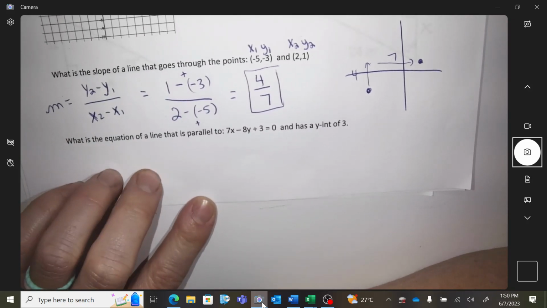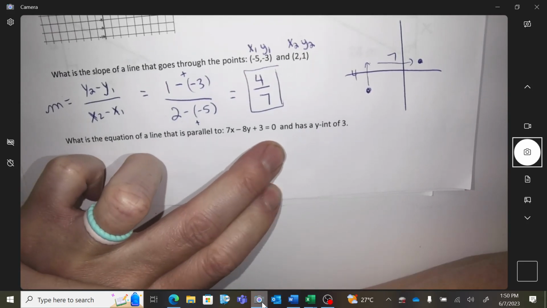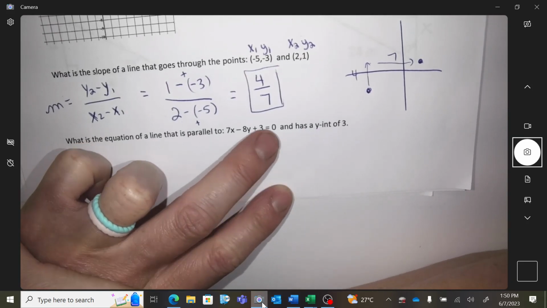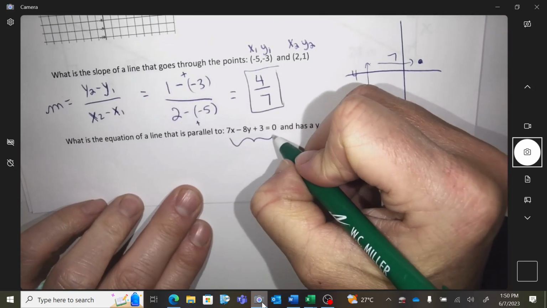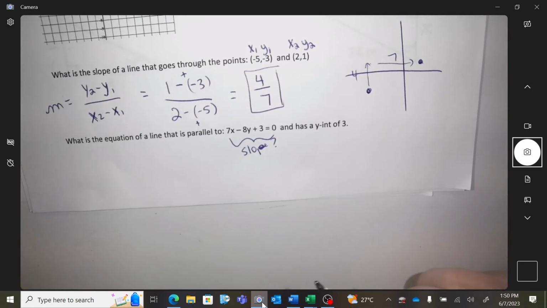What is the equation of a line that is parallel to this one and has a y-intercept of 3? Okay, so here's what we're going to do. We're going to figure out the slope of this line.